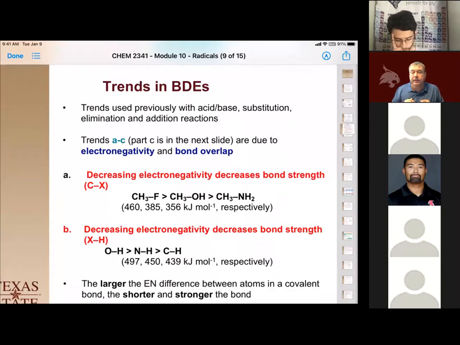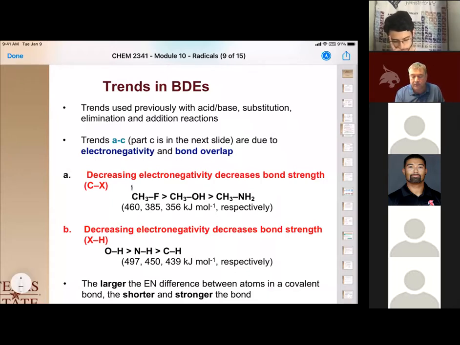Think about that. The more polar the bond is, the stronger that bond is. So decreasing electronegativity decreases bond strength, which means the higher electronegativity difference between atoms, the stronger the bond is.